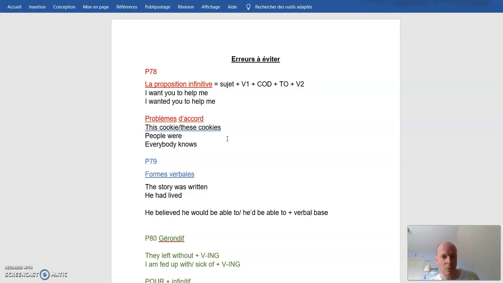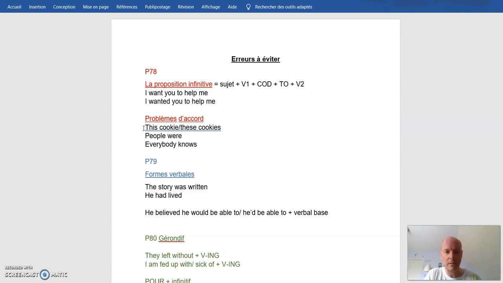On that same page we've got agreements. Can you see? Problème d'accord here on page 78. These examples may seem simple to you, but they are problems as well for you. So we've got, look, number one, this cookie singular, these cookies plural. So this changes to these, and because you're adding the S, not only do you write it, you pronounce it.